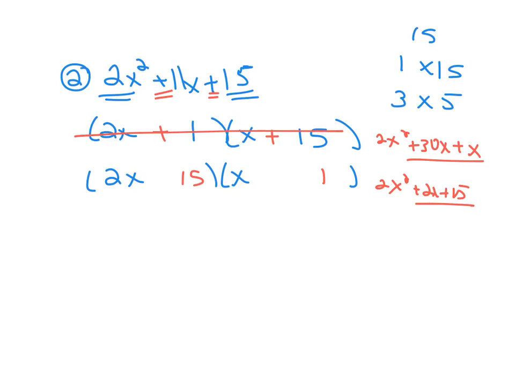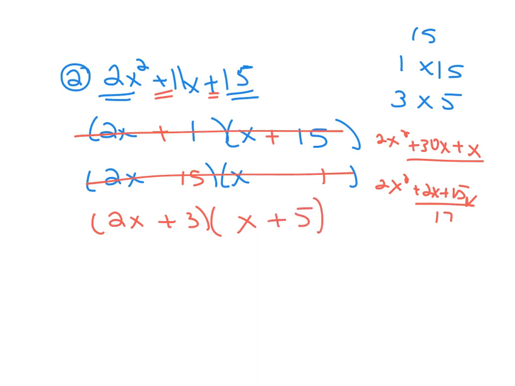Okay, that one's closer, but that gave me a 17x. Wrong. All right, so then now I go on to the next one. 2x plus 3, x plus 5. All right, so 2x squared plus 10x plus 3x. That's a 13x. Wrong again, so let's hope.